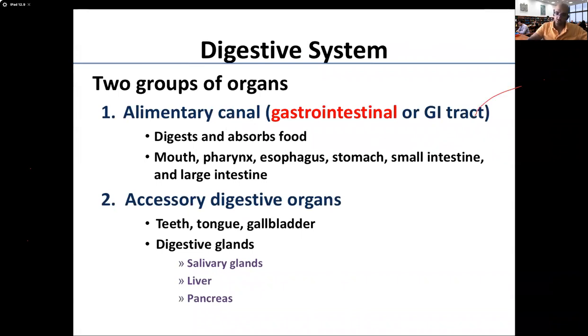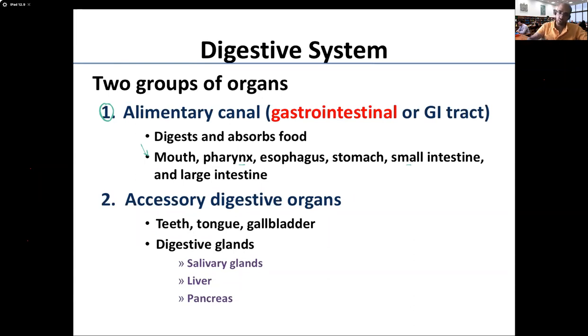So the digestive system is formed by two different groups of digestive organs. We have the gastrointestinal tract, or the GI tract, and this includes the oral cavity, the mouth, the pharynx, esophagus, stomach, small intestine, and large intestine.